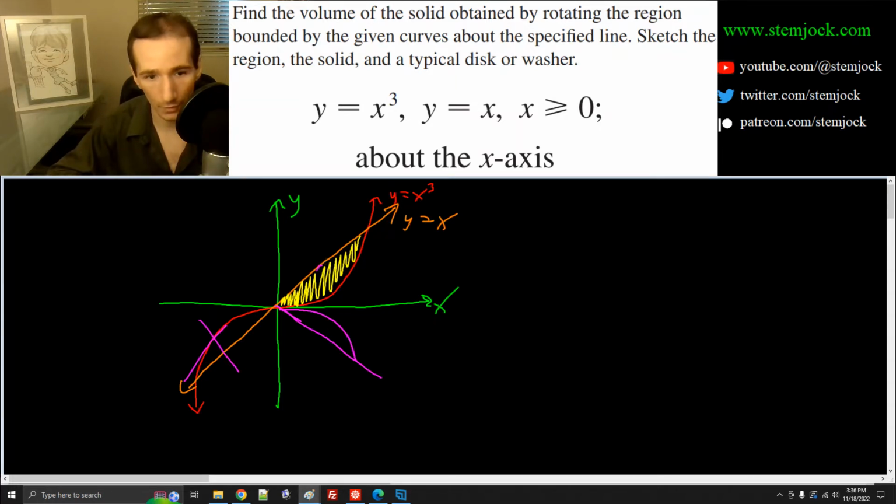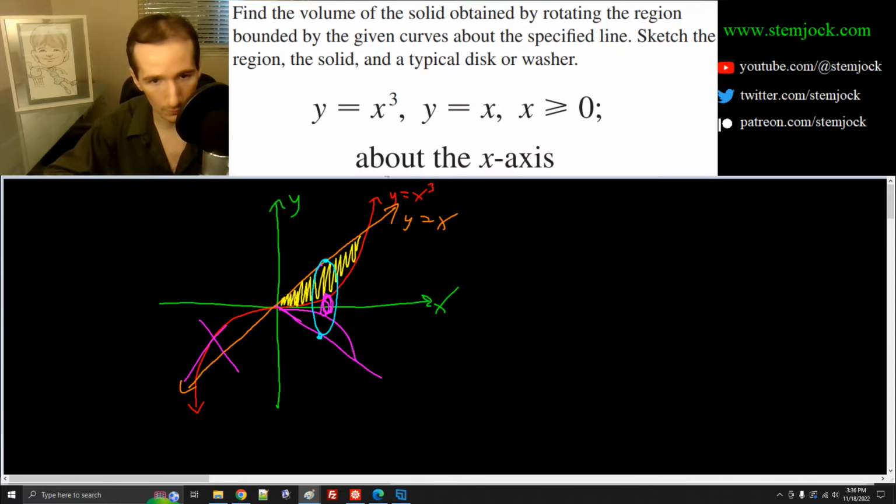I'm going to draw a circle that goes through the top part of the curve and the bottom here. So this circle is going to look like this. Next up, I'm going to draw a circle that goes through the lower bounding curve. So this part right here. So this here is what's called a washer. It's basically a disk that has a hole in it, this magenta hole in it.